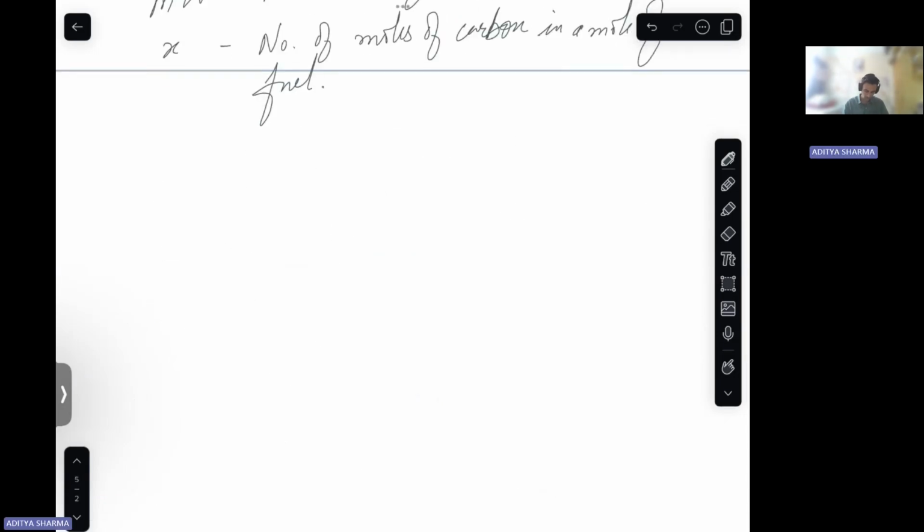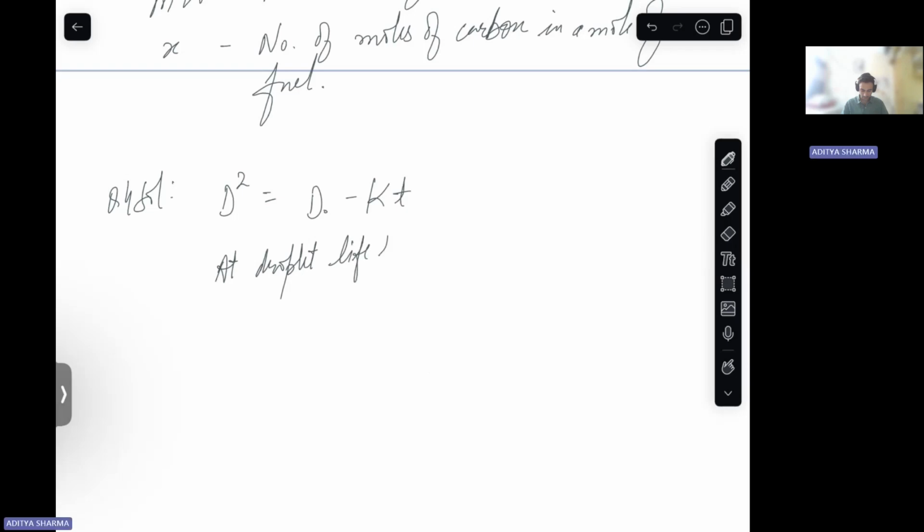You see your question number 4. This is your d square equals d naught minus kt. So at droplet lifetime, d will be equal to 0. Zero equals d naught minus kt.